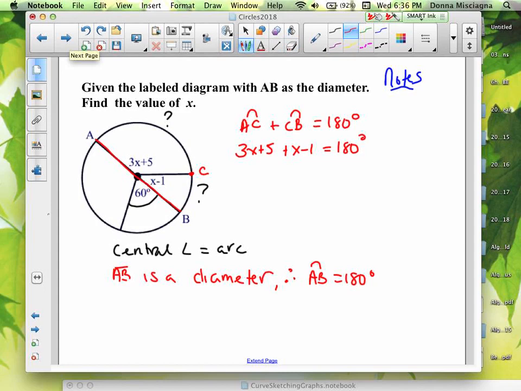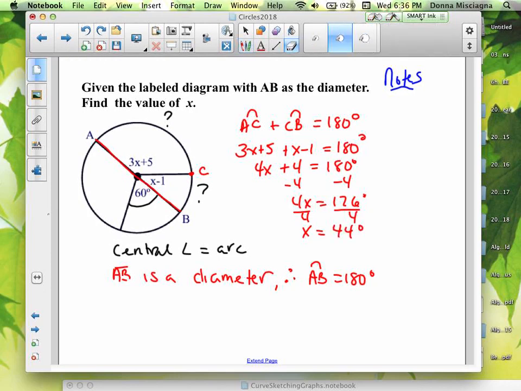We add these together and have 4x plus 4, adding like terms: the 3x and the x, and the 5 and the negative 1. Together that's 180 degrees. Subtract 4 from both sides, so 4x is 176 degrees. Now divide both sides by 4, which means that x is 44. Oh, I shouldn't say degrees.